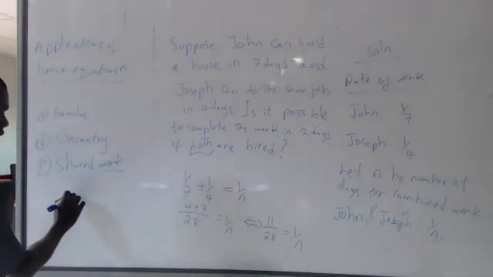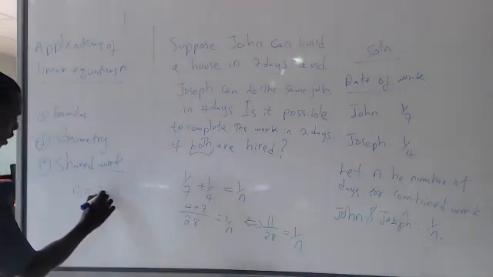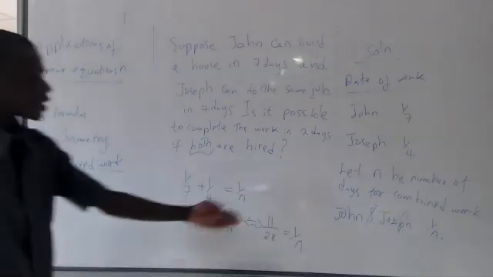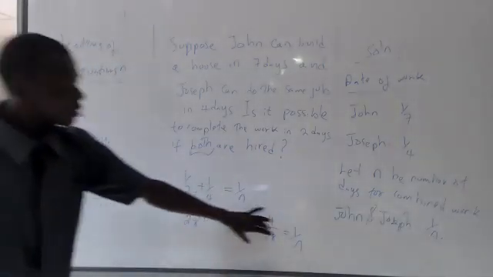Did you cross multiply or something? n will be 28 divided by 11. Yeah, just invert both sides.